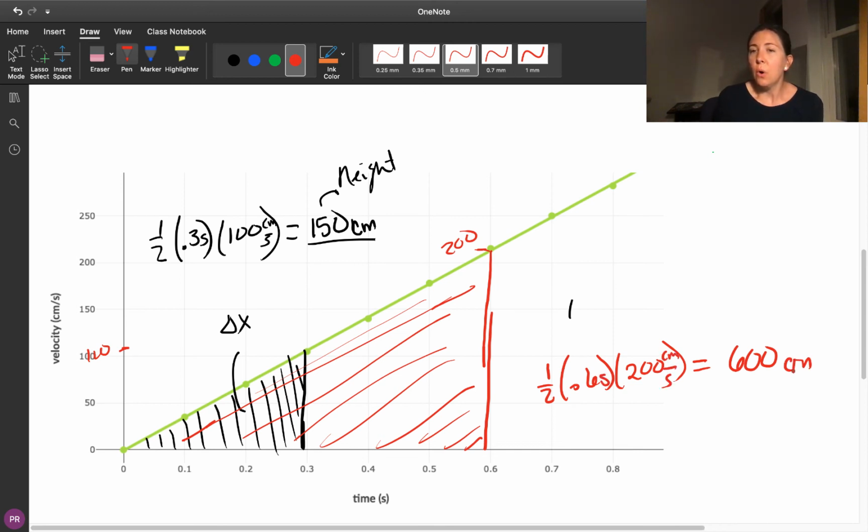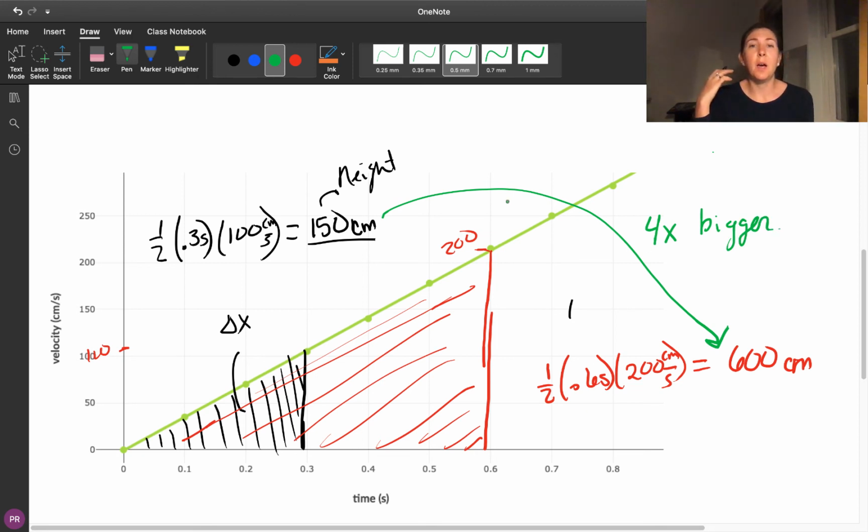And so when I've doubled the time, the height went from 150 to 600, or it's 4 times bigger. So same idea. You can get the same proportionality from the velocity versus time graph.